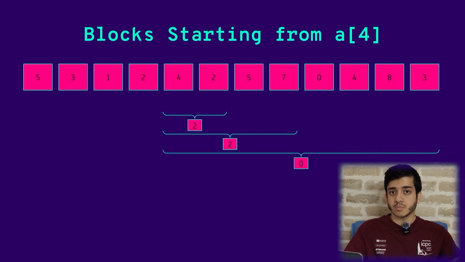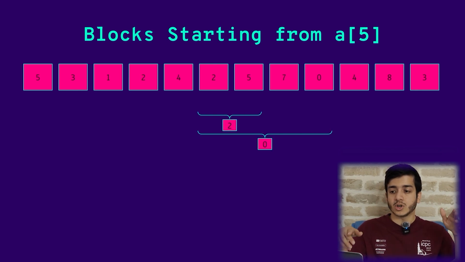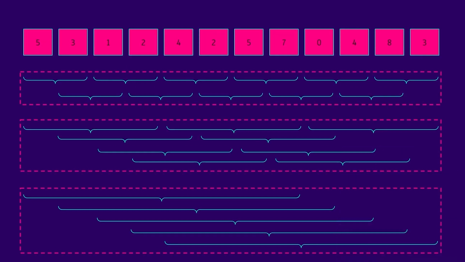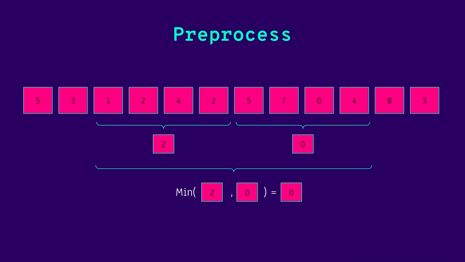Don't be surprised that for this new element A5, we don't have a block with size 8. Why? Because it goes over the array, so it's not a valid range. So we don't include that. Here you can see all of the blocks for that array in one view. You can see blocks of size 2, of size 4, and of size 8.